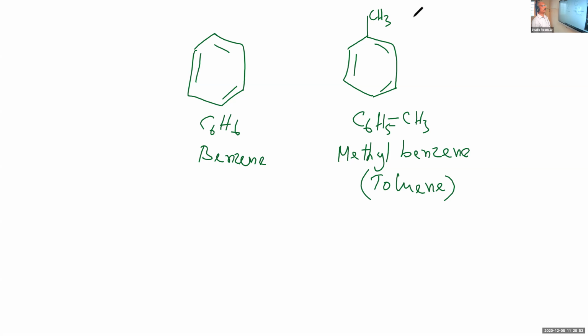If there is only one aromatic ring, or one aromatic nucleus, then it is called a mononuclear aromatic compound.